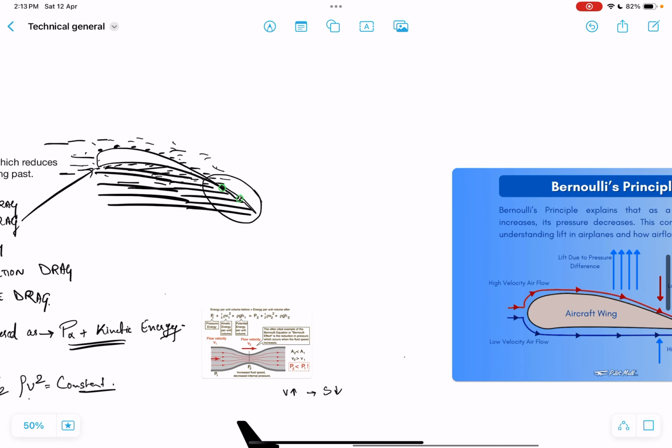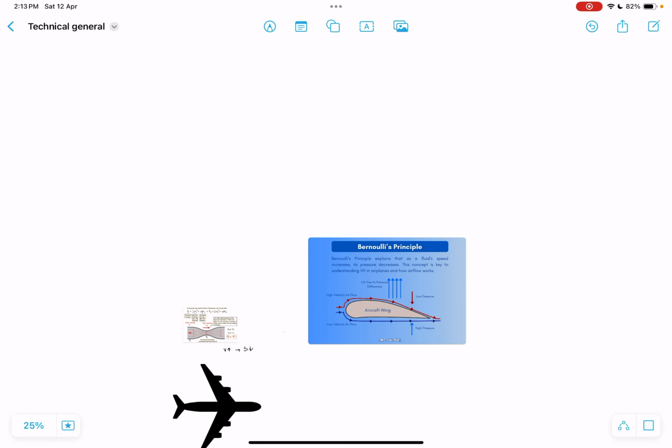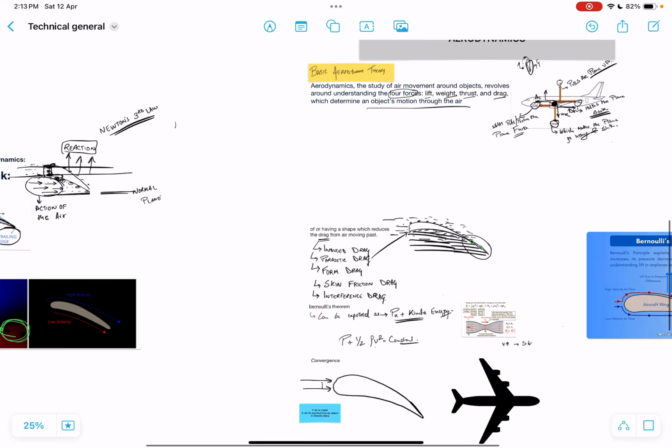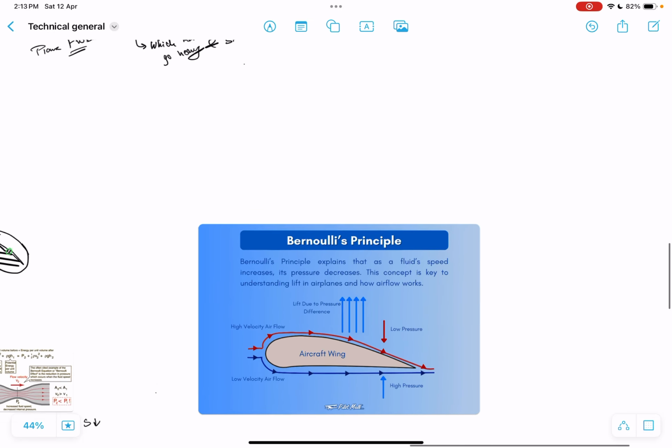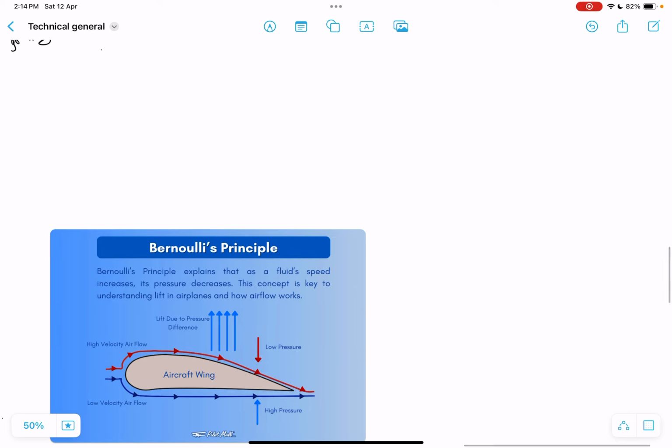Now the other key factor that is very important is Bernoulli's principle. This is also related to what you studied over here: low pressure, high pressure, and high velocity or low velocity. Now what is Bernoulli's principle? Before looking at this picture, let's make a simple drawing. Let's suppose this is one area, and we reduce the area, and it's going the same.